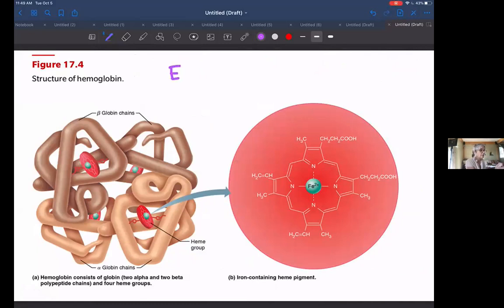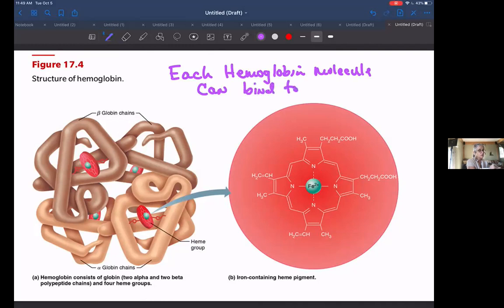So we can say each hemoglobin molecule can bind up to 4 oxygen molecules, and it binds to that iron. So this is why we need iron in our diet in order to produce hemoglobin. If we don't have iron in our diet, that could lead to a form of anemia, which could mean that our blood has poor oxygen carrying capacity.